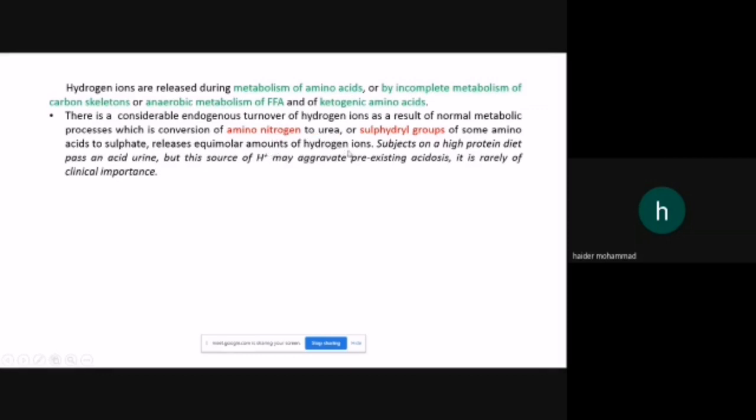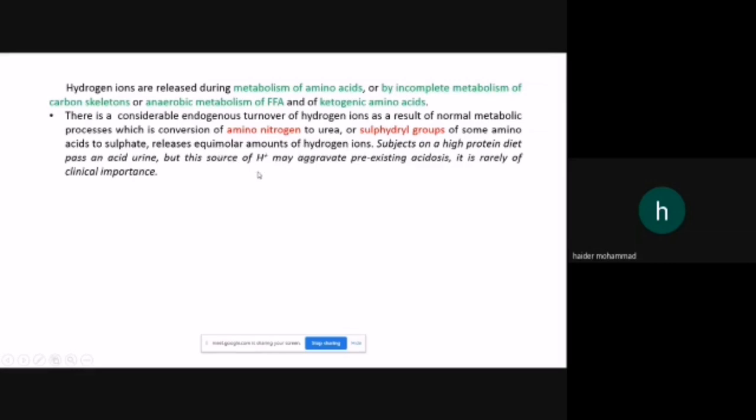In addition to that, sulfhydryl groups in certain amino acids contain sulfur. For instance, cysteine has a side group containing a sulfhydryl group. This group is converted to sulfate, so it releases equimolar amounts of hydrogen ion.